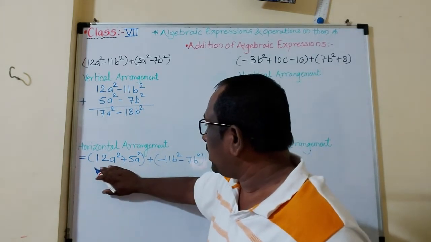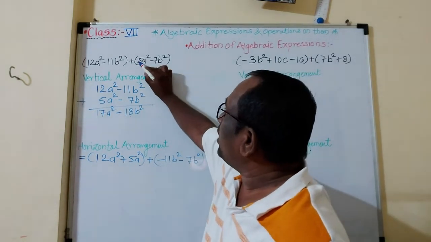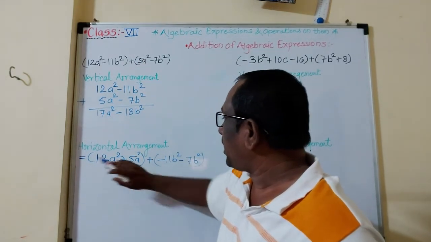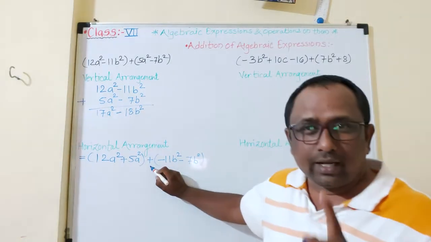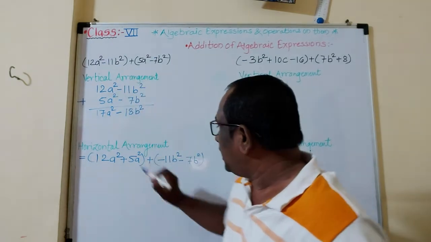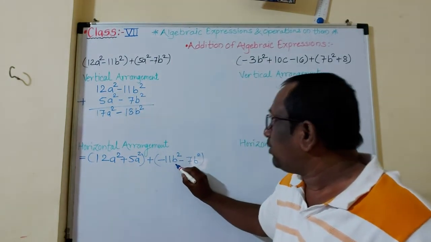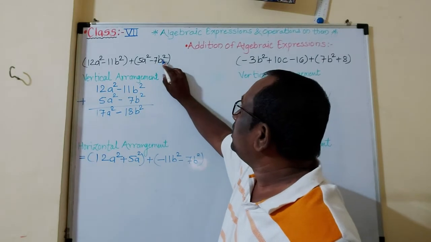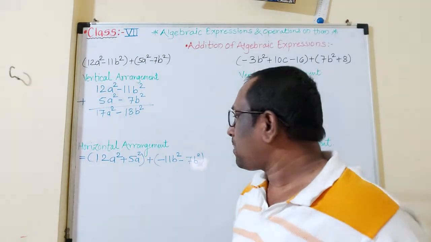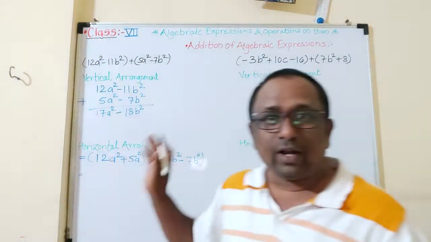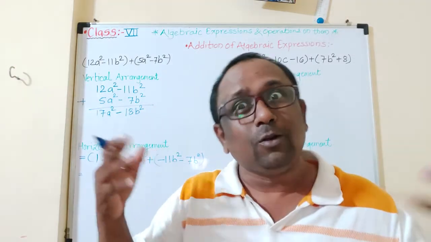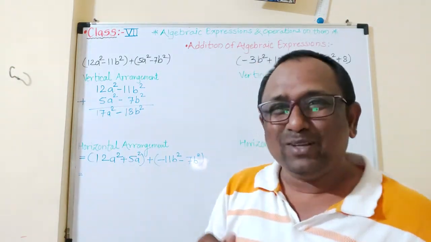So like terms 12a² plus 5a², 5 having no sign means the plus sign is there. Okay, so this one bracket and plus means here we are doing addition, and then whatever signs are given: in front of 11 there is a minus sign, so minus 11b², and in front of 7b² there is a minus sign, so we have to write it as it is, no change, and don't modify these expressions. Otherwise your facial expression will change and you will obviously get 0 marks.